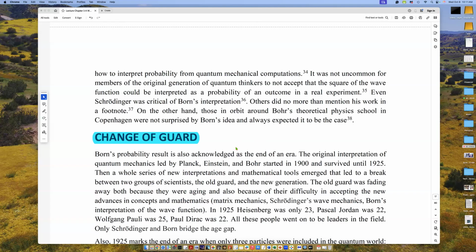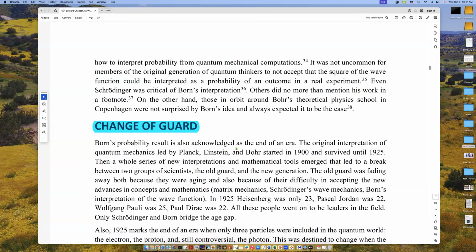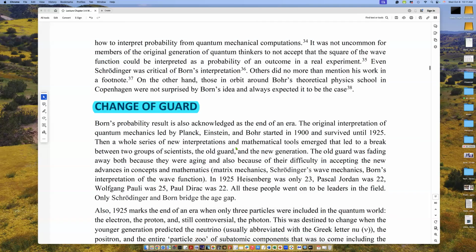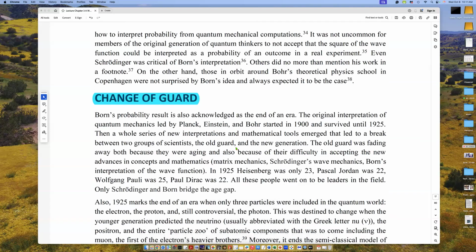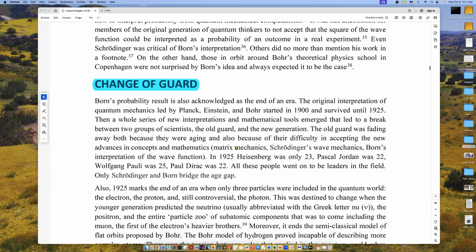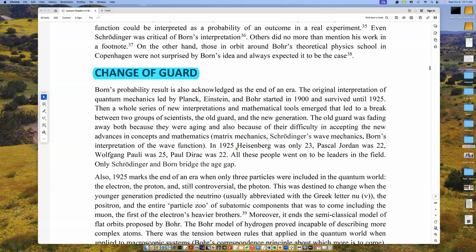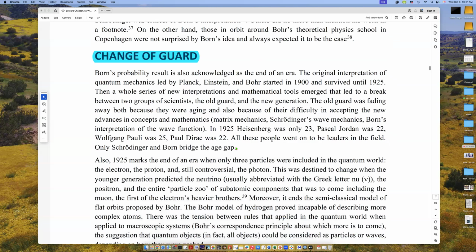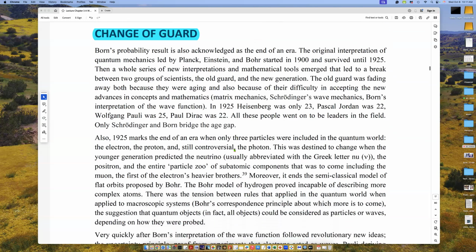And we got a whole new array of thinkers, people who were not bound by the traditional education that the originators had, who were young people in the 1880s. And the new people who came along included Heisenberg.